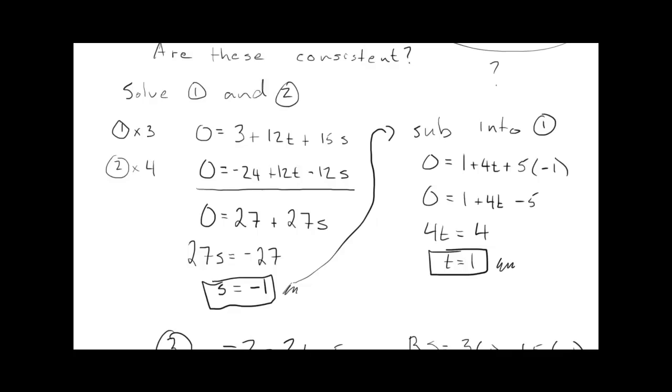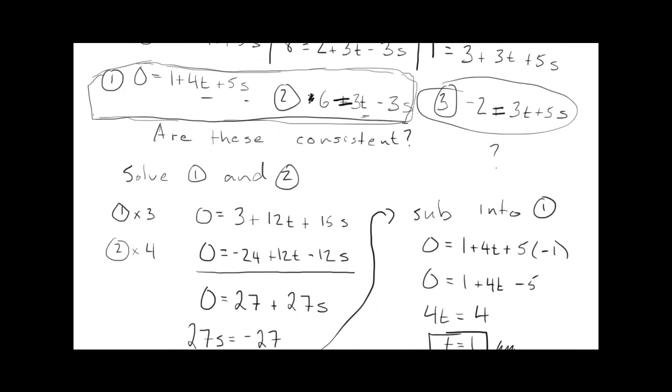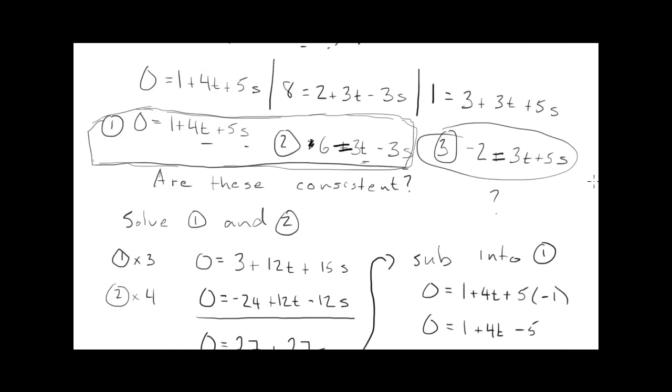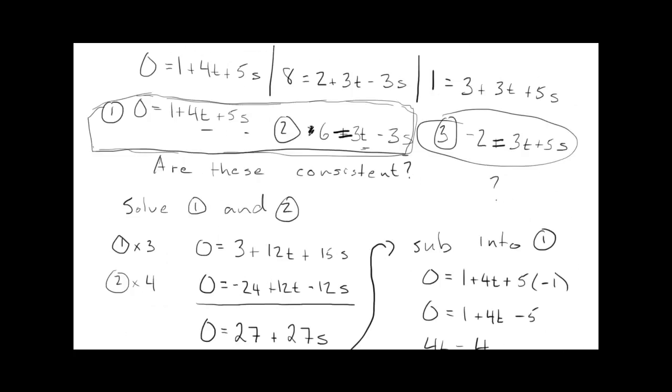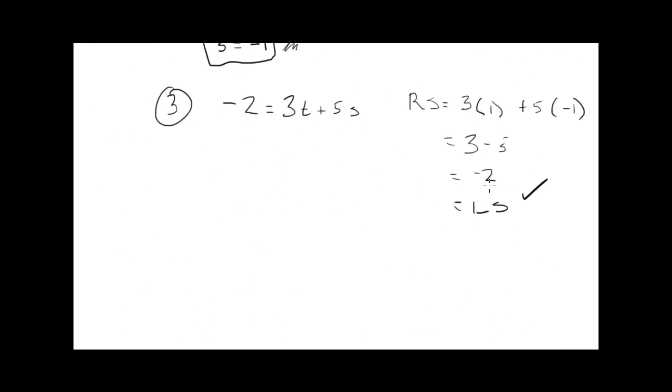So therefore, s equals -1, t equals 1 satisfies all 3 equations. Therefore, this point is on the line. If we had got something different than -2, then it wouldn't be consistent, and the point would not be on the line.